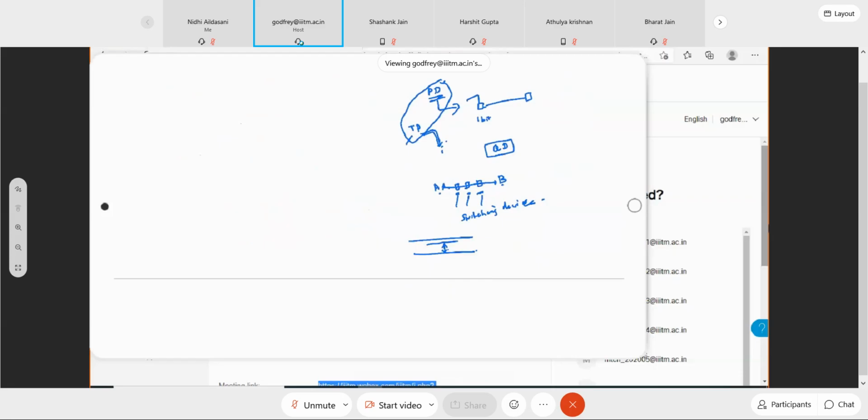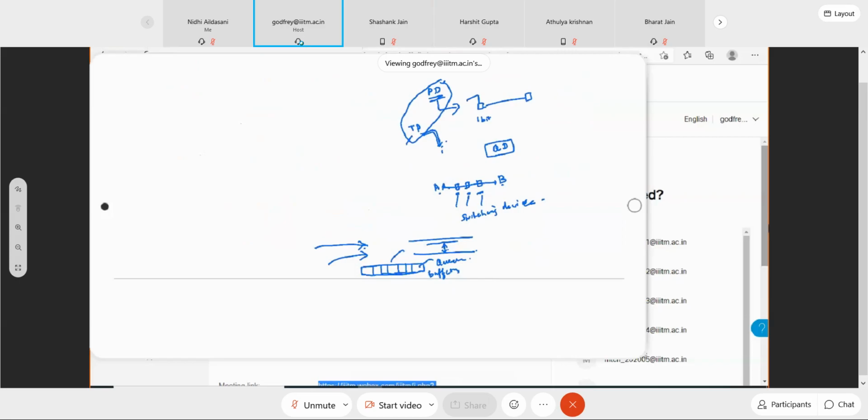If there is a huge inflow of data into this link, what will they do? They will be buffering. So what is this buffer called? This buffer is called a queue, right?